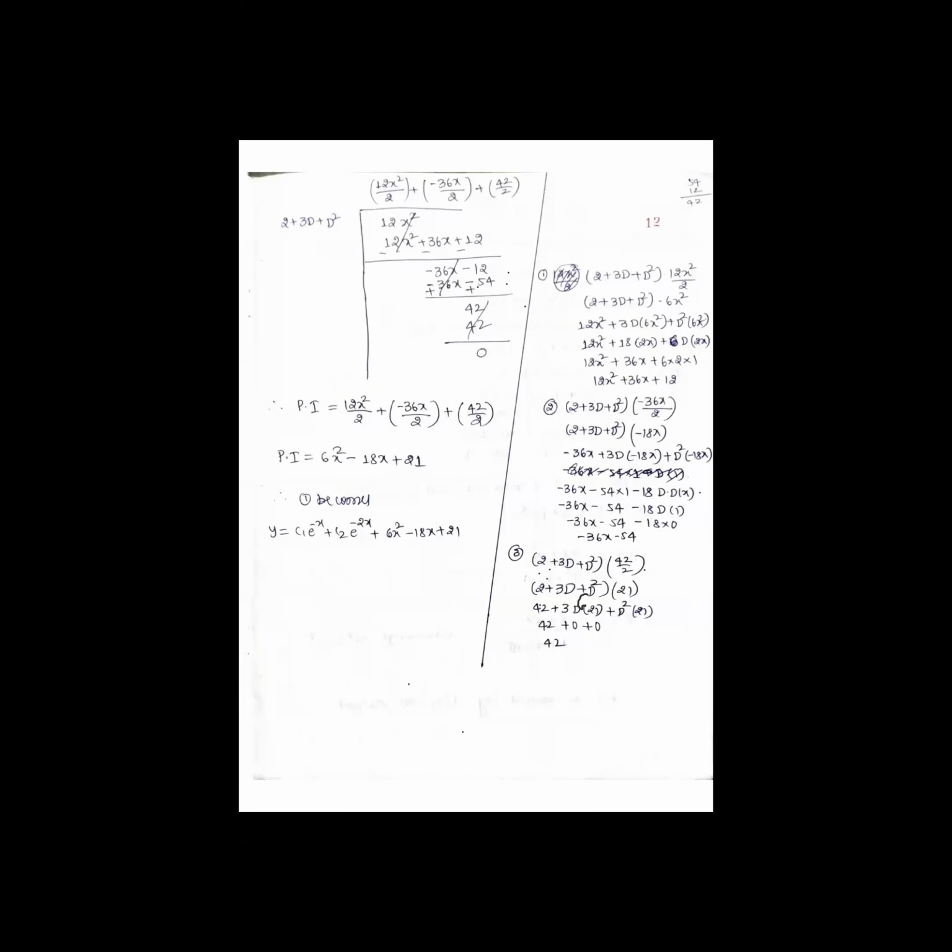Yes, sir. Okay, fine. We'll come to the example. That is y double dash plus 2y dash plus y is equal to 2x plus x square. So that is d square y by dx square plus 2 into dy by dx plus y is equal to 2x plus x square. You can see here the same thing directly: as this is a function of x, RHS is expressed in terms of x.